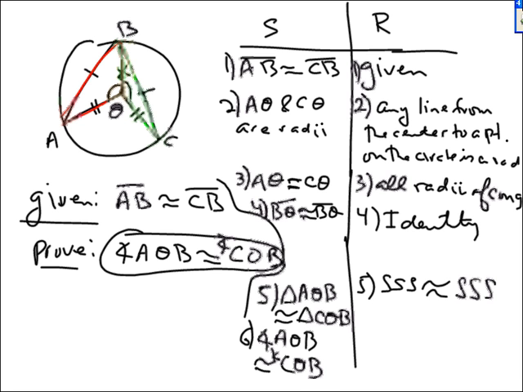The reason is AOB is this angle here, and within the red triangle, it's made up of the side that has 2 slashes and the side that has an X. But that's the same as COB, which is made up of this side, which has 2 slashes, and this side that has an X. So the reason that they are congruent is corresponding parts of congruent triangles are in fact congruent.